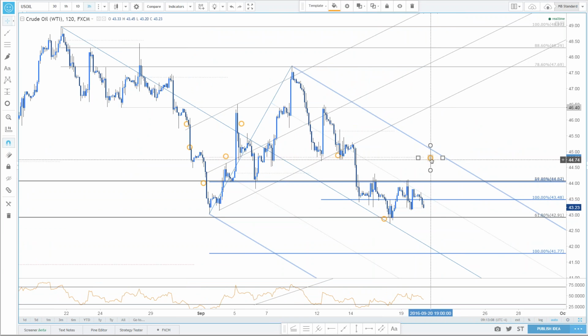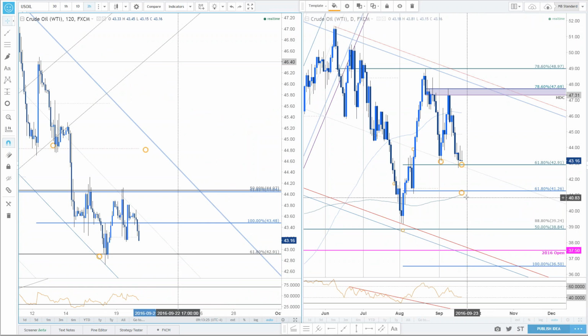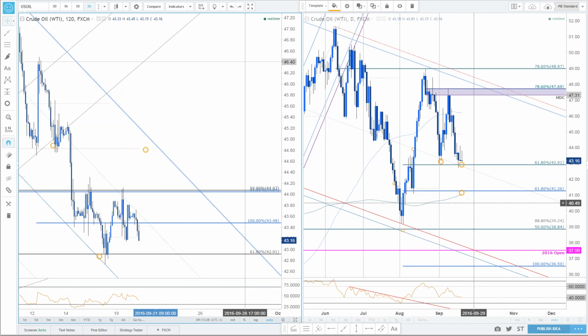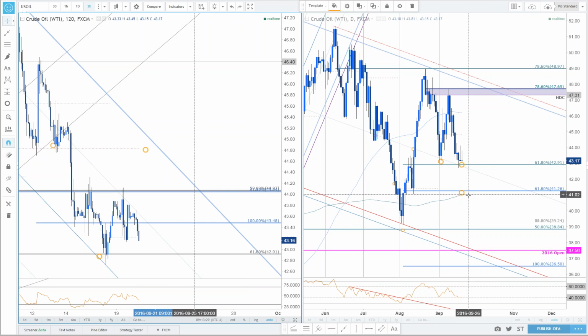If we max the top side here above 44, I'd be looking for a rally back towards the upper parallel, monthly open 44.80, basically into 45. If we see a downside break, again, look to sell rallies. Your major initial support should be right around 41.77. And then again, that basic 618 takes you to 41.26 and that 200-day moving average. A little bit bigger on the daily chart here.